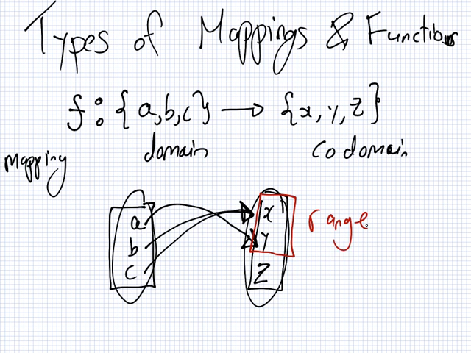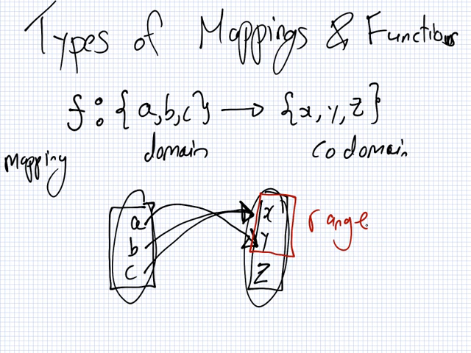Now, you can see there's a bit of a difference here between range and codomain. What exactly, from the diagram, is the difference between range and codomain? Range is about 2 functions, and domain is all of them. No, you're making it more complicated. Make it simpler.